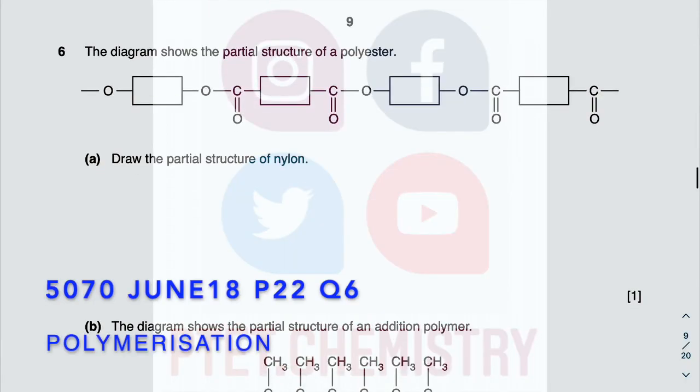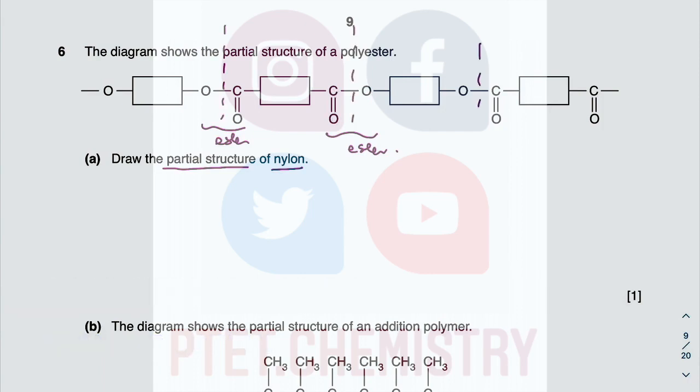Okay, so here you want the partial structure of nylon, so you want the repeating unit, right? So this is an ester. I hope you can see it's an ester linkage because it's C double bond O, and I hope you can see that this is the ester bond that you are forming, and that is the alcohol bit there.